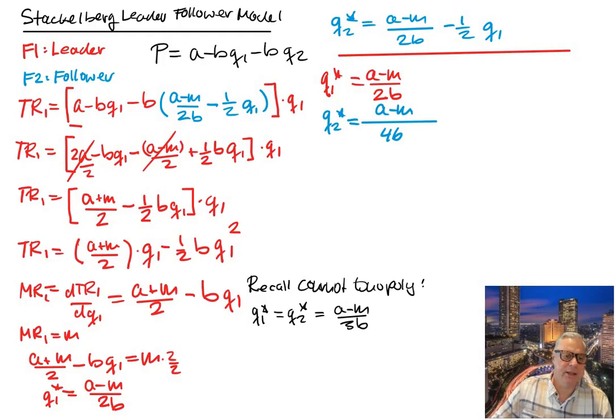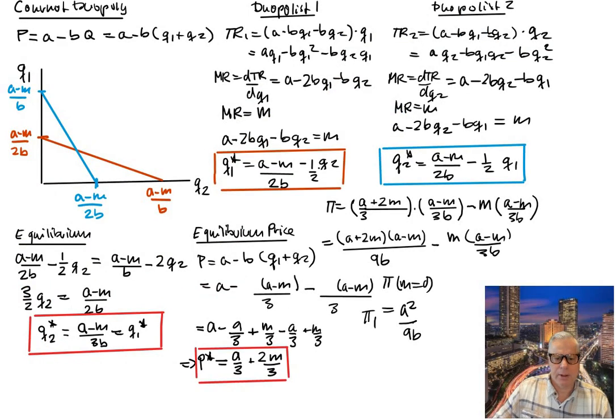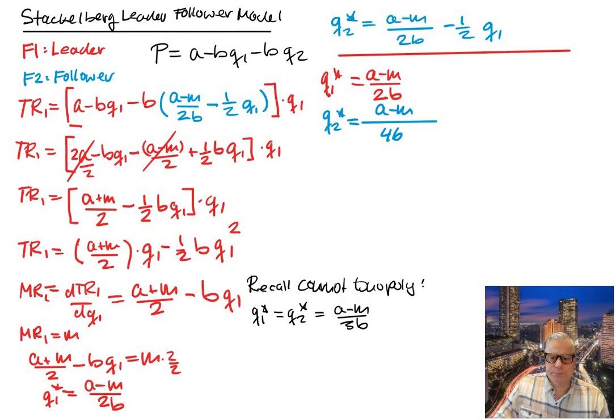Let's go back and double check. You see q2 equals q1, a minus m over 3b. So what does that mean? The leader in a Stackelberg model gets a higher share of the market than they would get in a Cournot duopoly, but the follower gets less.